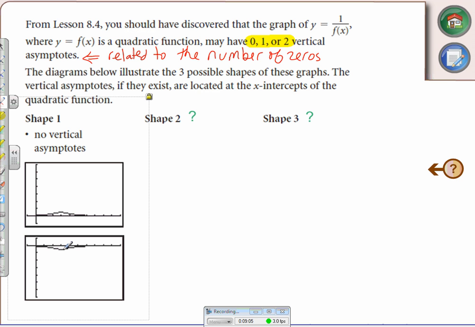The way that these ones get made is if we had an original quadratic that did not have any zeros. Original quadratic with no zeros, then you get a reciprocal with no asymptotes. Or it would be like this if it was below the axis. That would have been the original shape.